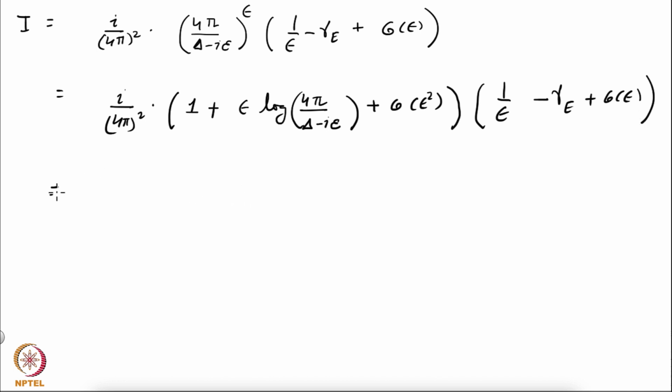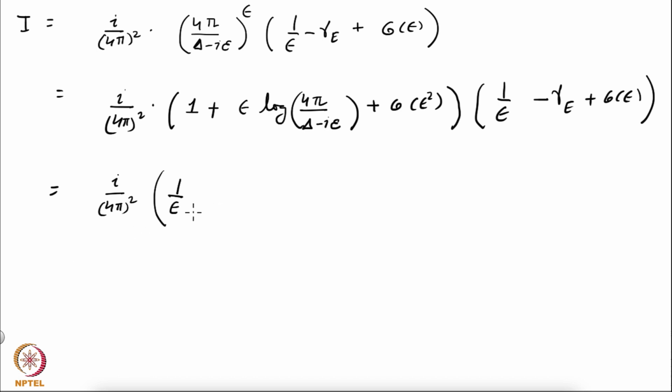Now let's carefully look at all the terms. Let's look first at the most singular piece. You have 1 over epsilon. So the most singular term is generated when you multiply this with the lowest order term in epsilon, which is 1 here, and there is only one way, so that gives you 1 over epsilon.